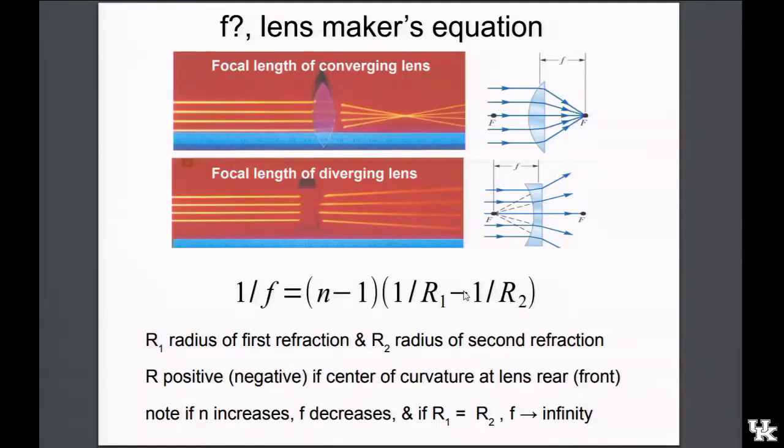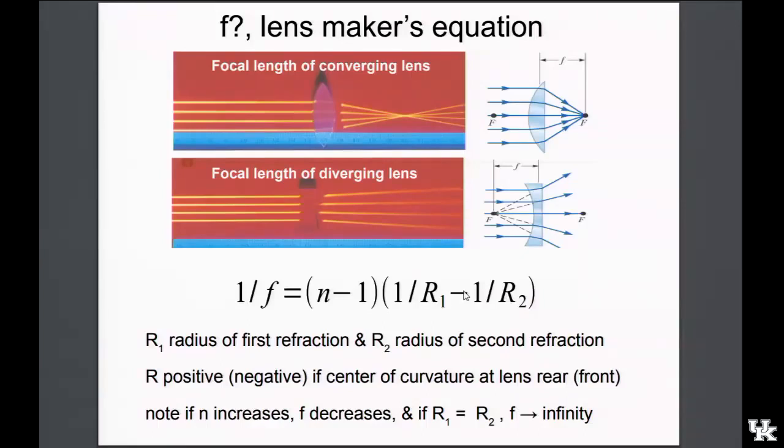So there is, unfortunately, a more complicated relationship between the geometry of the lens, the curvatures of the front and back faces, and the focal length, compared to the geometry of a mirror, where you just have 1 radius of curvature and a focal length. This equation on this overhead is what's called the lens maker's equation.